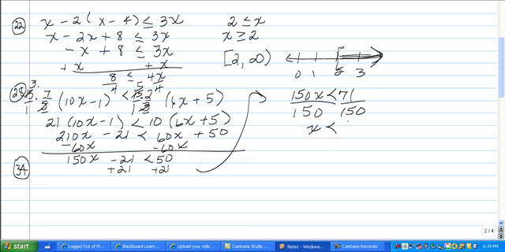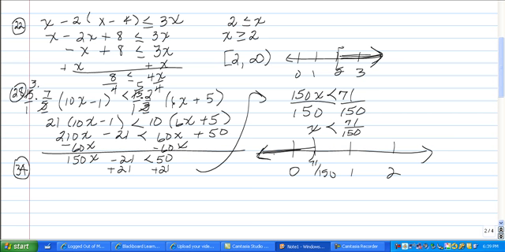So x is less than 71 over 150. So it's a little less than a half. So 71 over 150, open circle or parentheses, and less than, we're going to shade to the left.